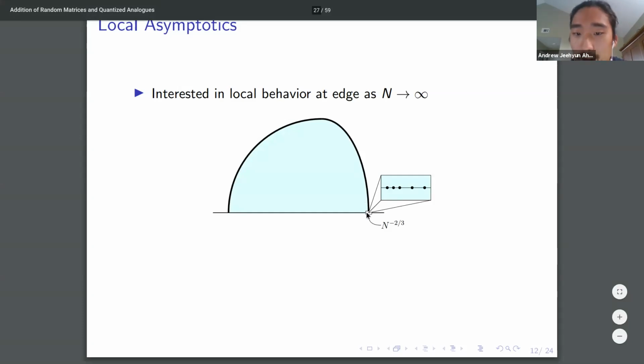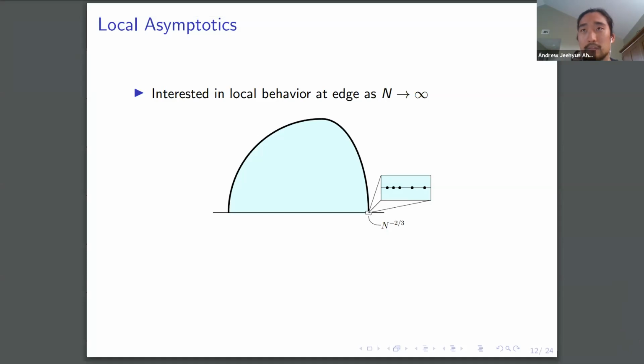We know that in the models that we have, for example, if we look at the eigenvalues of a sum of two unitarily invariant random matrices, you have some limit shape. What we want to do is zoom in at the edge of the spectrum, at a scale such that we can see the individual particles.